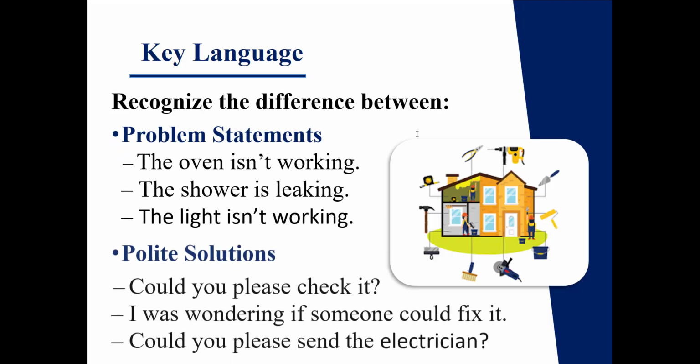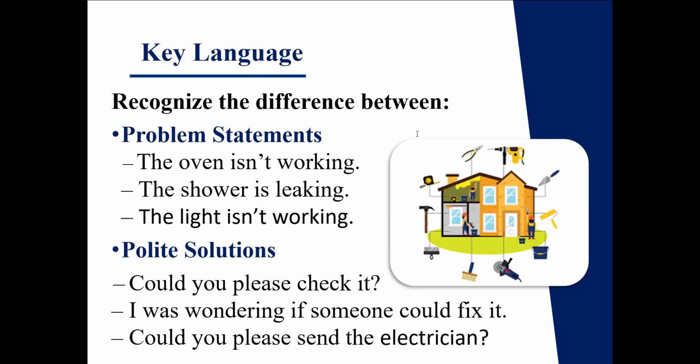Now let's learn the key language for today. Problem statements are short sentences that describe what is wrong: the oven isn't working, the shower is leaking, the light is broken. Polite solution requests are sentences we use to ask for help politely.